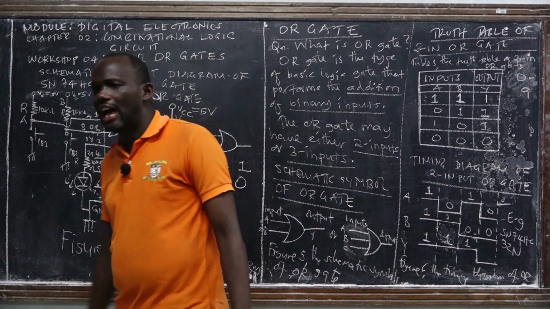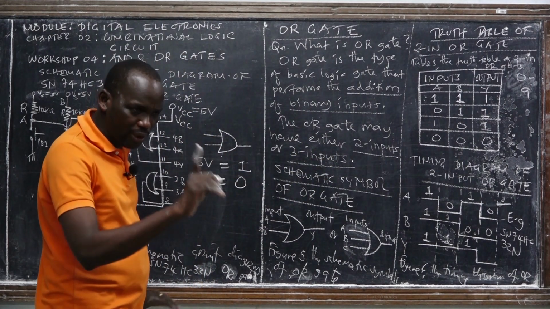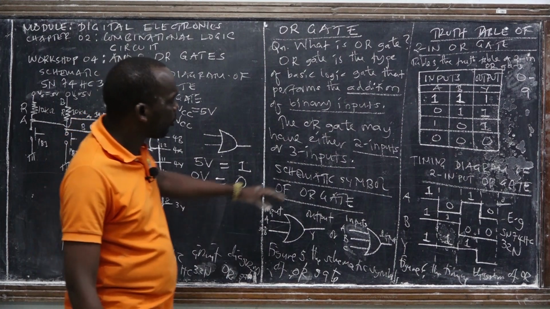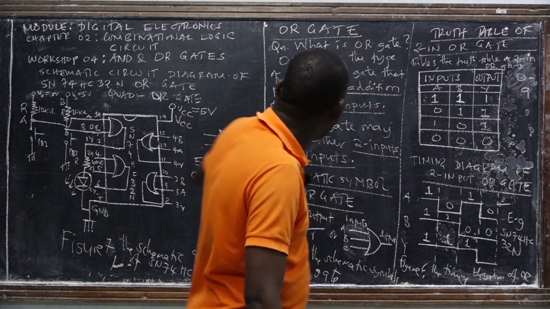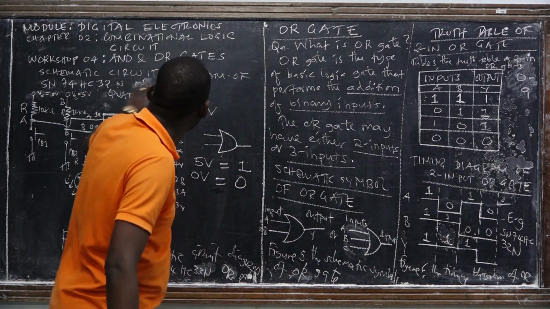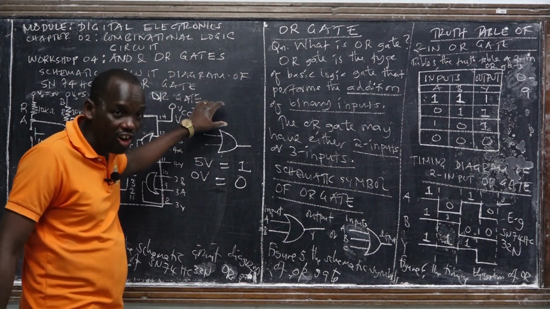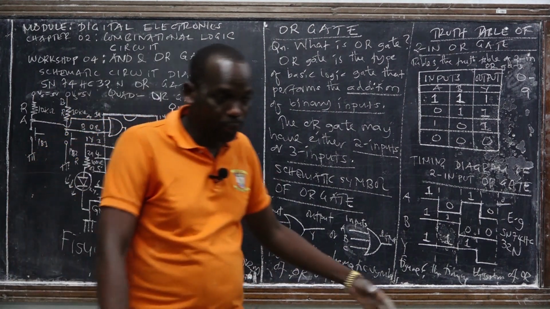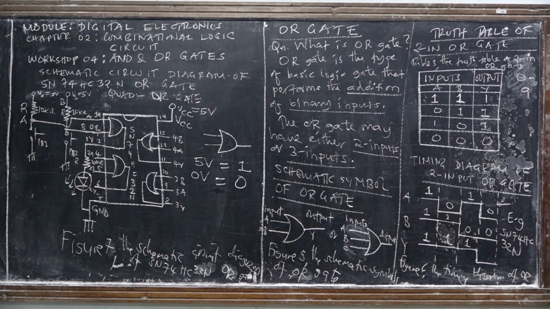And actually, I would like to give the homework. The third question for the homework, after drawing the truth table of 3 input OR gate, you have to draw the schematic circuit diagram of 3 input OR gate. So question number 1, you have to draw the schematic circuit diagram of what? Of 3 input AND gate. Right?